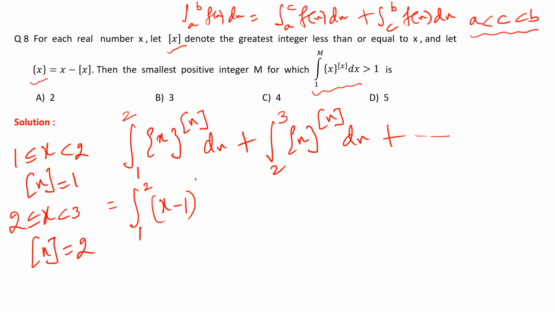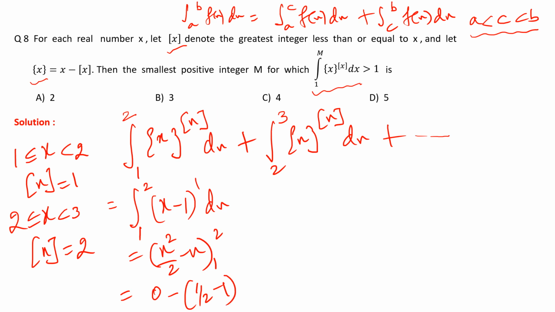So x minus 1 to the power 1 dx, right? Let us calculate it. It becomes x square by 2 minus x under the limits 1 to 2. So its value comes as 4 upon 2, which is 2, 2 minus 2 is 0, minus half minus 1. That means the value of this integral comes as just half.